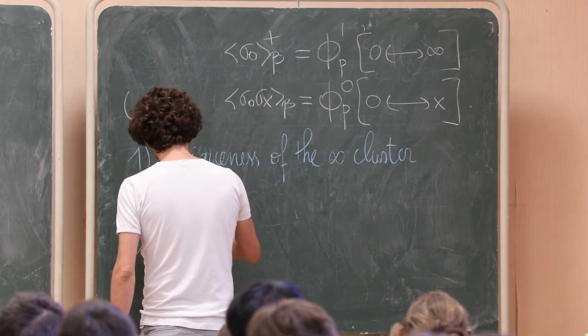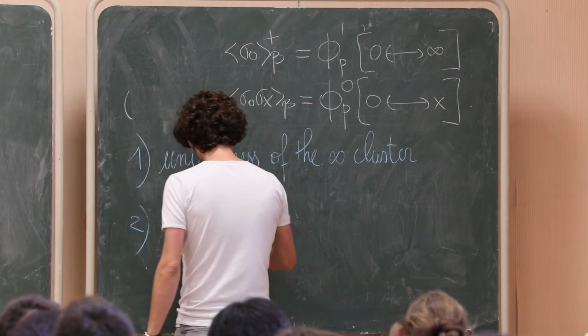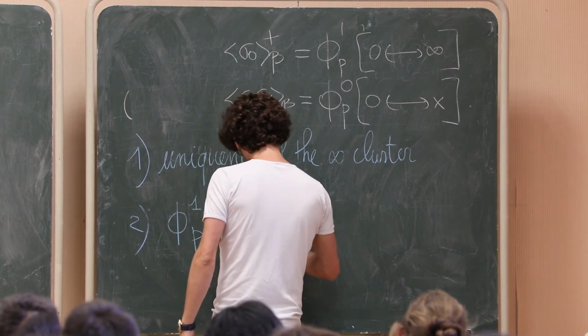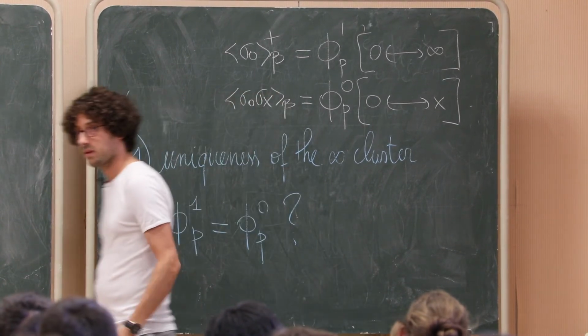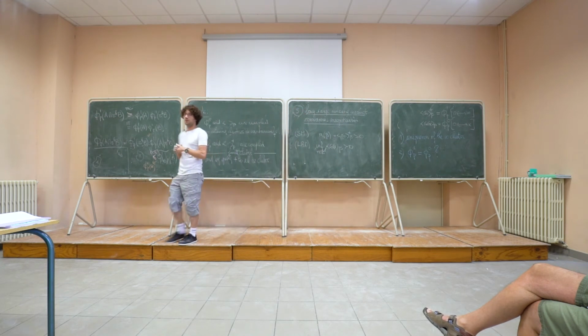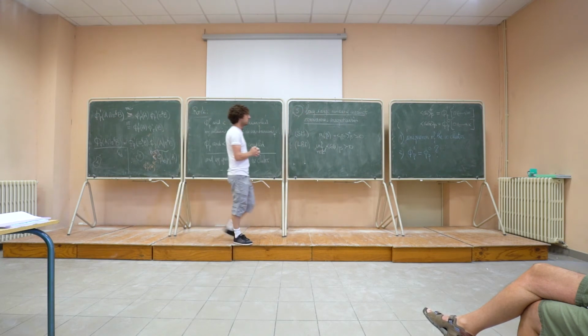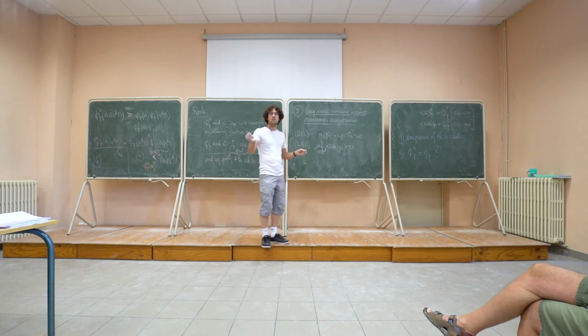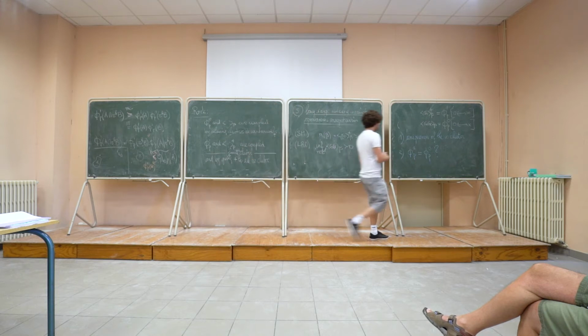So phi 1p, is it equal to phi 0p? If indeed phi 1p is equal to phi 0p and there is a unique infinite cluster, then by ergodicity it will be simple to deduce what we want. Actually, it will be even simpler than by ergodicity.